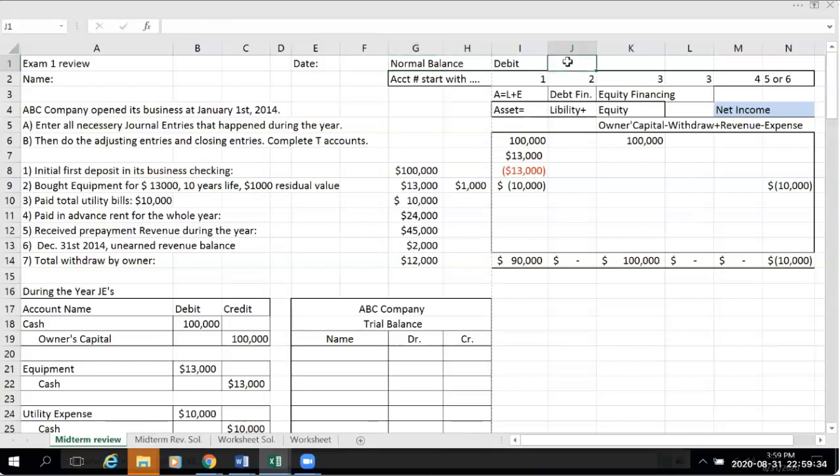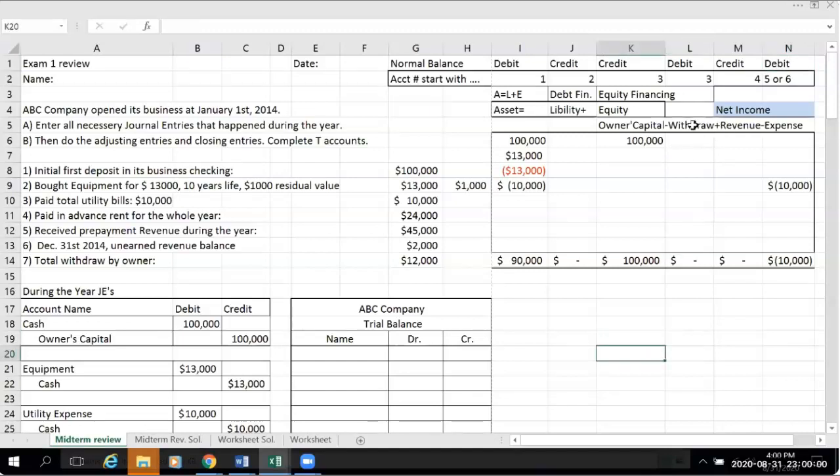For liability, it's a credit. For owner's capital, credit. For withdraw, debit. For revenue, credit. For expense, debit.